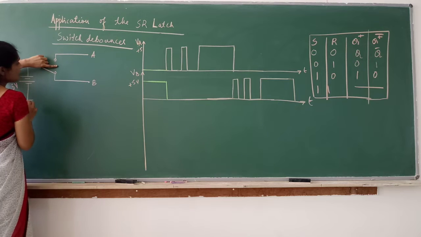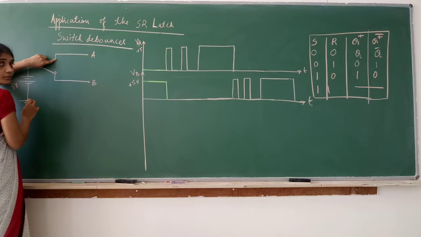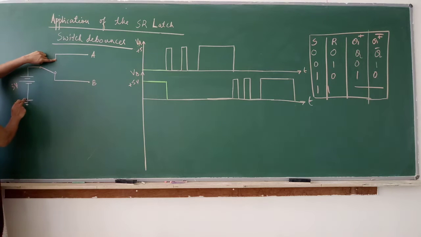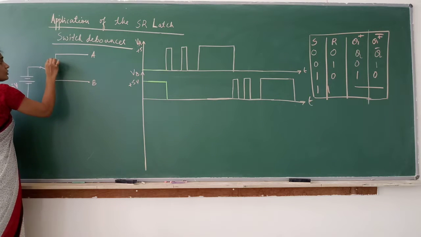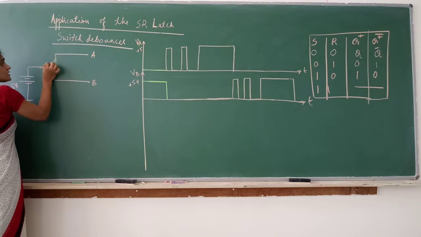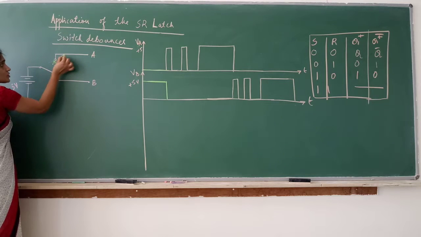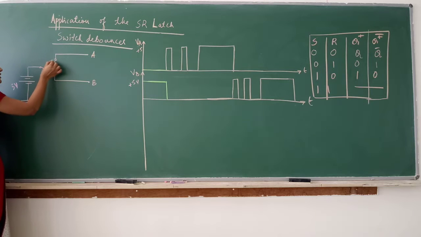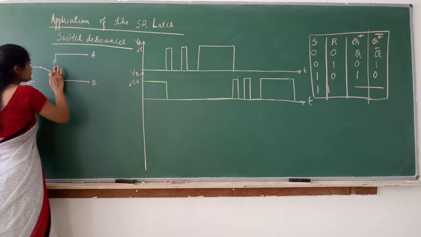And when the contact is at terminal A, the voltage at A will be connected to 5 volts. If the contact is moved to A, this is the connection you have. So A is connected to 5 volts, whereas B is at 0 volts.